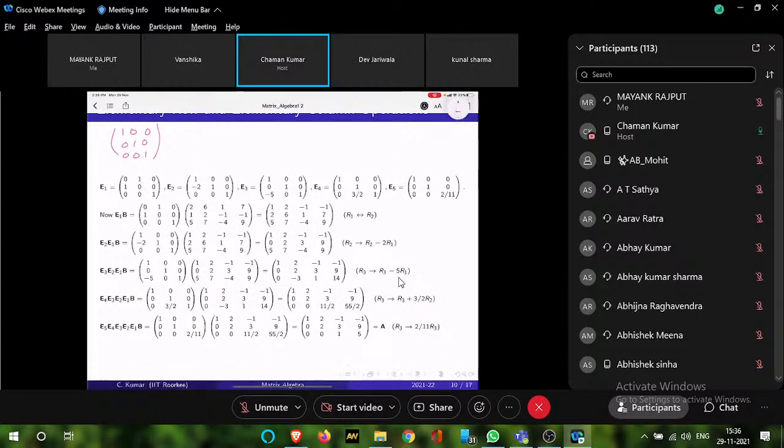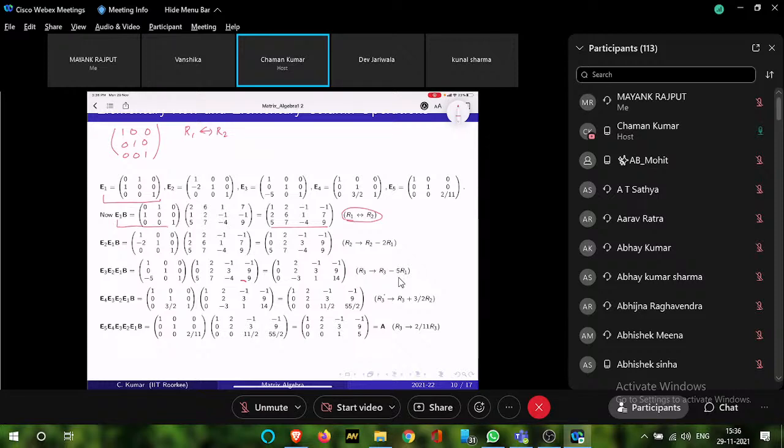So apply this operation on this identity matrix, you get a new matrix which we denote by E1. Okay. Now pre-multiply E1 with B. So you get this matrix, and this matrix is exactly the matrix that you obtain by applying the elementary row operation R1 interchanging R2 on the original matrix B.